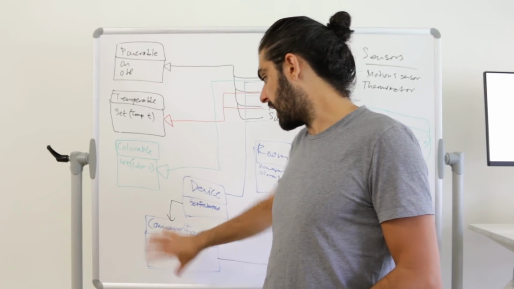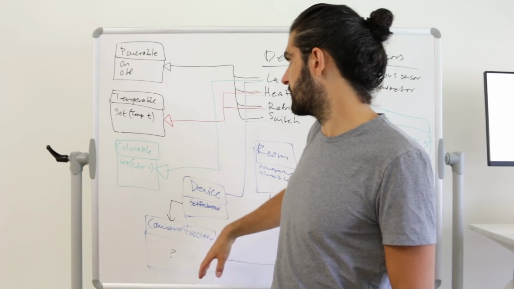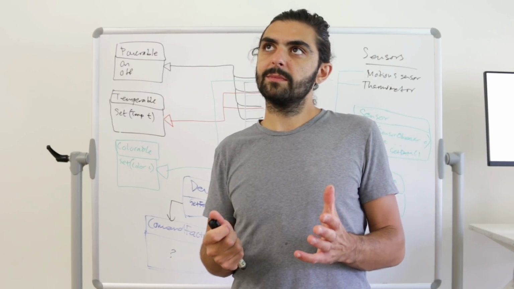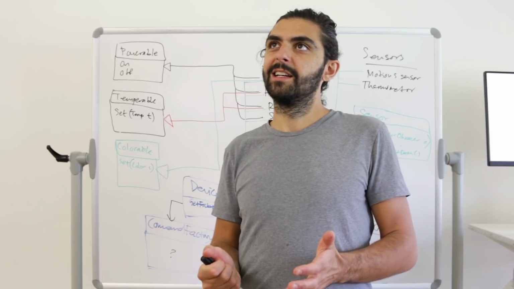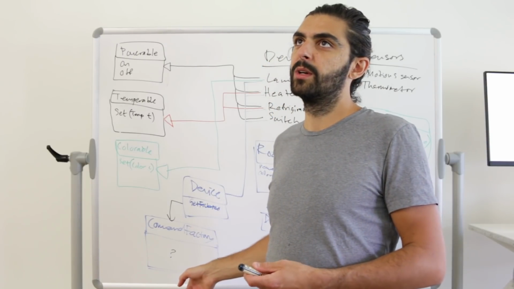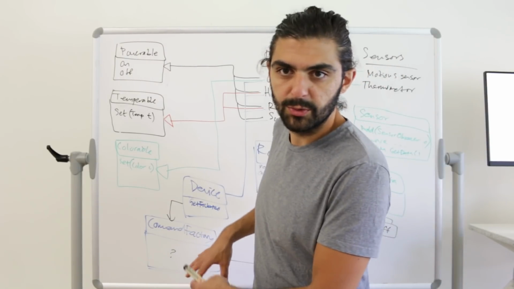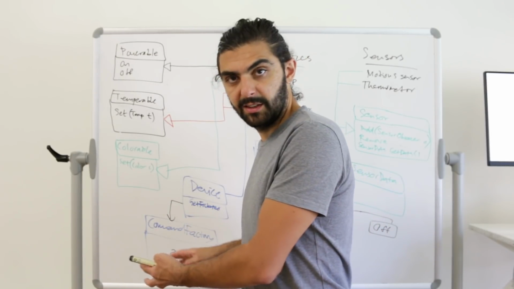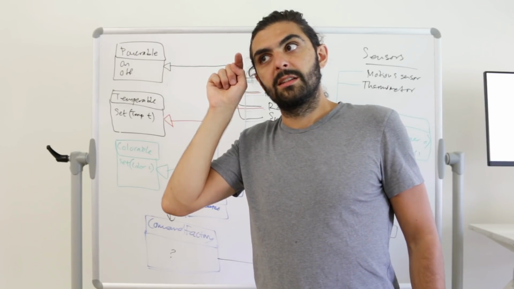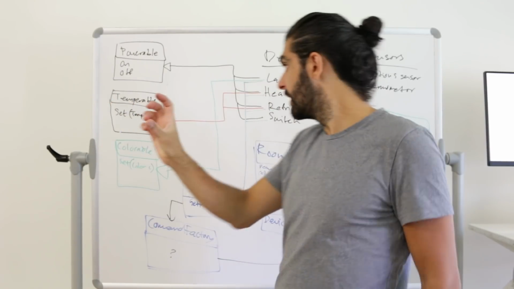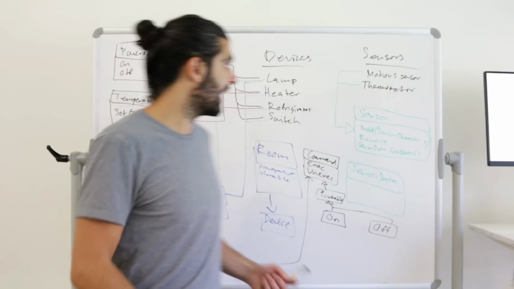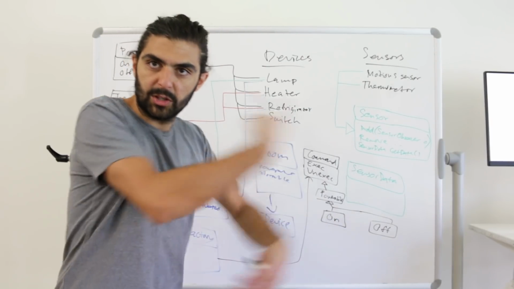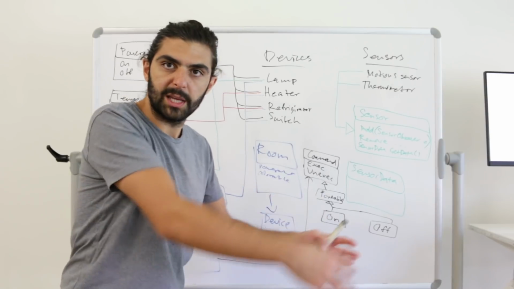So maybe a concrete command factory, let's say a powerable command factory, is the one that affords interaction with the user. It allows the user to interact with it. And when you toggle on, then it produces a powerable on command and executes it immediately.